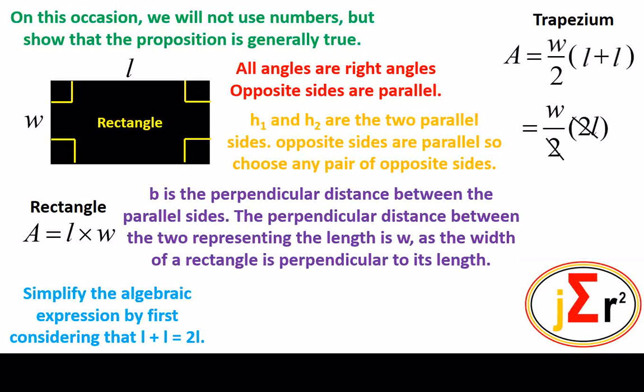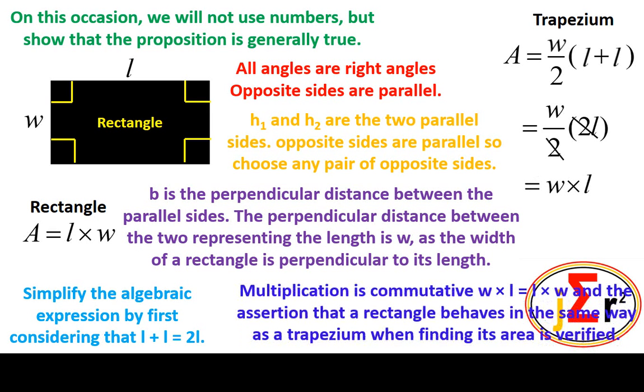Simplify by a common factor of 2, and all that we have left is W times L, which is the same as L times W. Because multiplication is commutative, we are sure that what we have here, W times L, is the same thing that we have right here, and we need not go any further. So we have verified that it is generally true that a rectangle fits the properties of a trapezium.